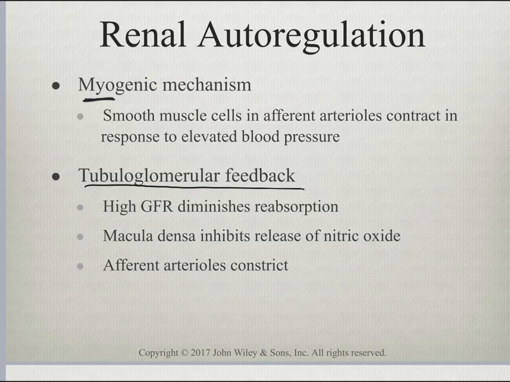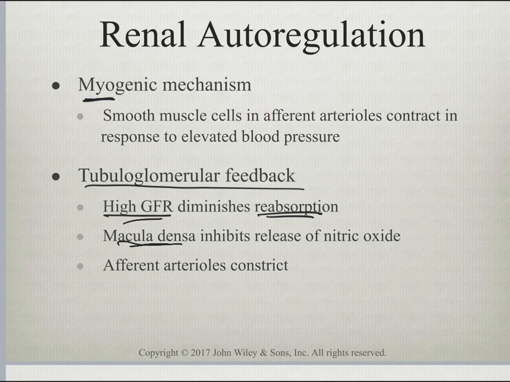Now, what's happening? We already said that high glomerular filtration rate is going to diminish reabsorption of some of those solutes, and that could be bad. The macula densa is going to use the composition of the tubular fluid as an indicator of GFR. So what it does is actually sense either a large sodium chloride concentration or a low sodium chloride concentration.